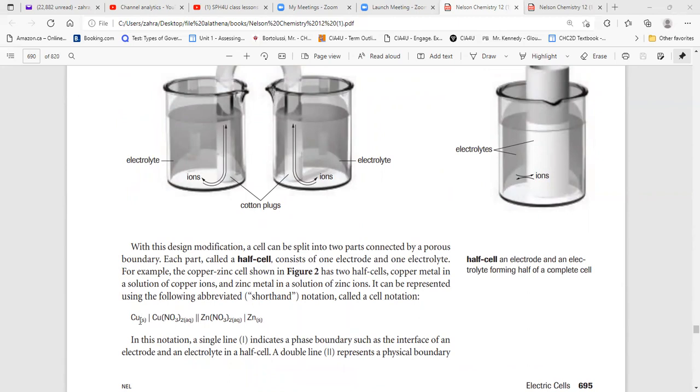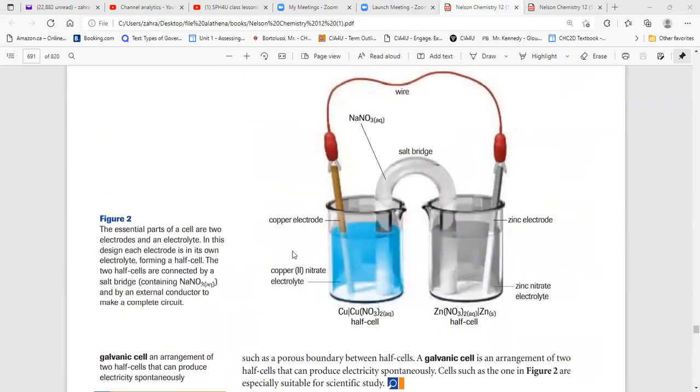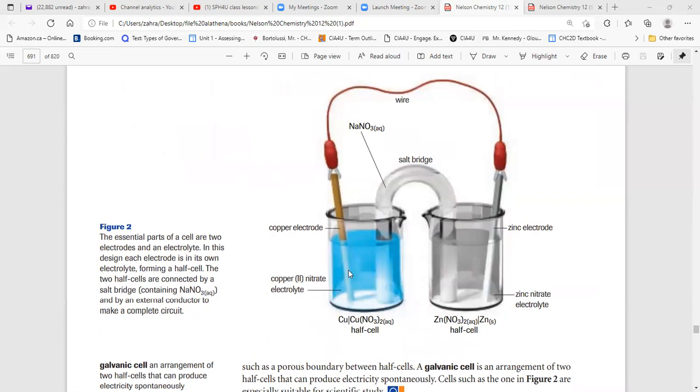For example, if you have CuNO3 as a solution here, and Cu will be a rod. I just want to show you here. Copper is your electrode. The solution is CuNO3.